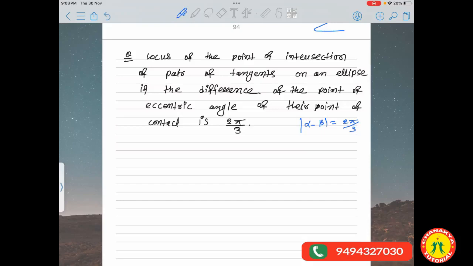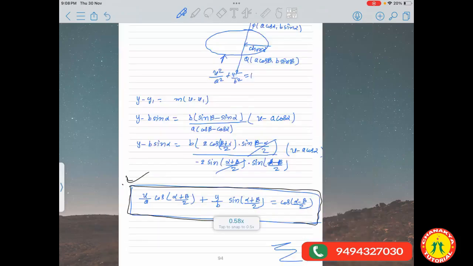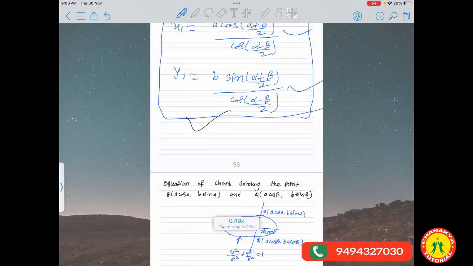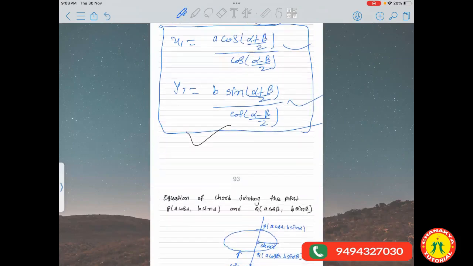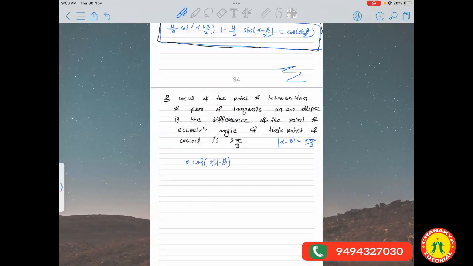Okay. What are the coordinates of the point of intersection? The x coordinate is a cos((alpha plus beta)/2) upon cos((alpha minus beta)/2). Let this be h, the x coordinate.